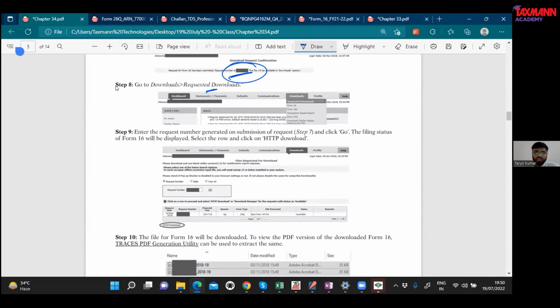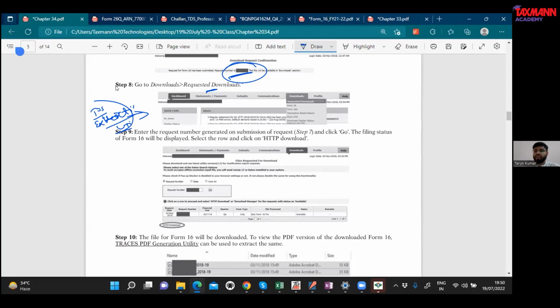There is one step which is missing here: you need to download the TDS extraction utility. But why is it not mentioned here? Because we need not download it every time. If it is already in my system, I need not go again and again and download it.